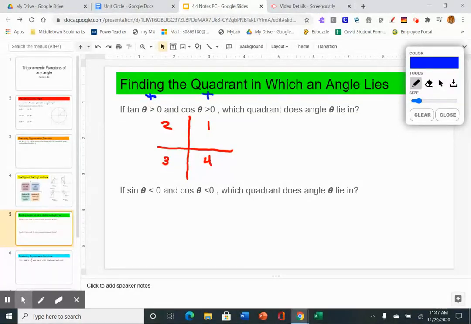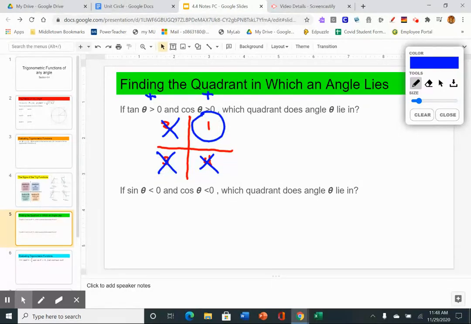So we need to cross off all the quadrants where tangent is negative and cosine is negative. So in quadrant 2, cosine is negative, so it can't be that. And in quadrant 4, the tangent is negative, so it can't be Q4. So I'm between 1 and 3. So the answer here has to be quadrant 1 and cannot be quadrant 3.